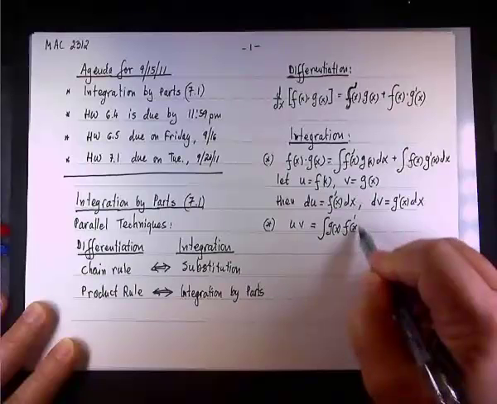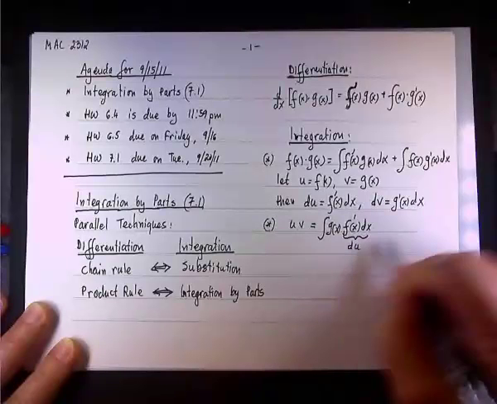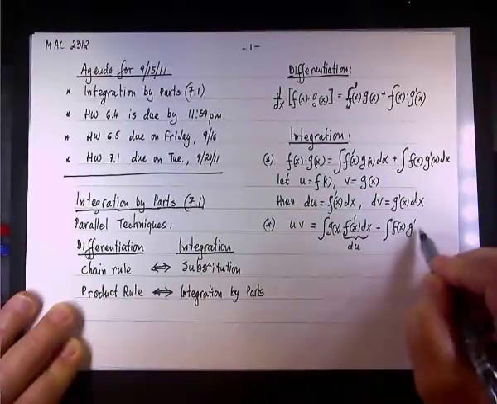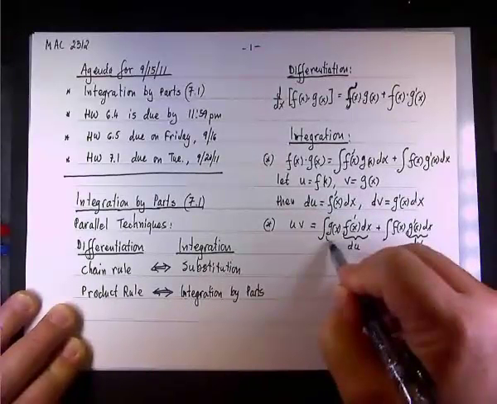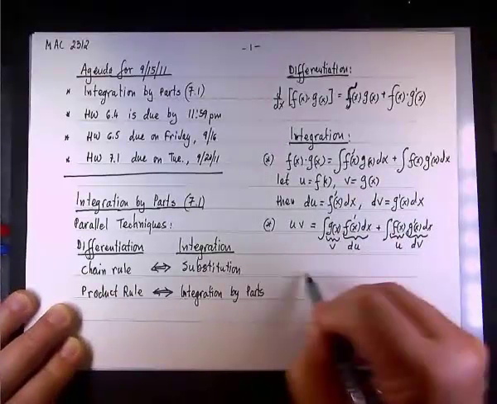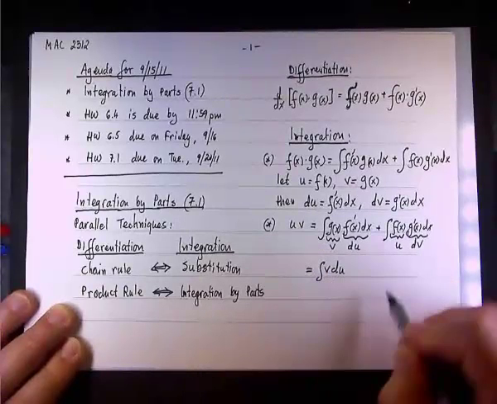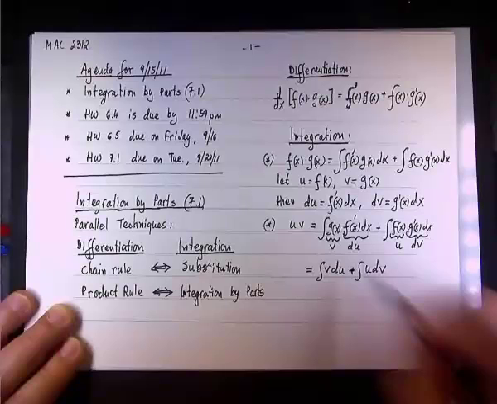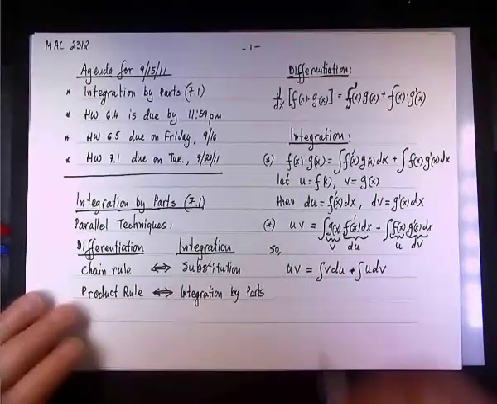So let me rewrite it just for the sake of clarity. Okay, this thing is du. And then we have the integral of f of x times g prime of x dx. And this thing is dv. And of course, this is v and this is u. So we end up having the integral of v du plus the integral of u dv.